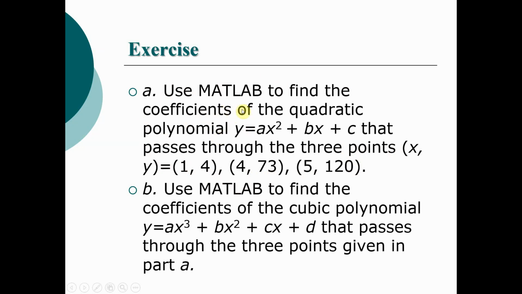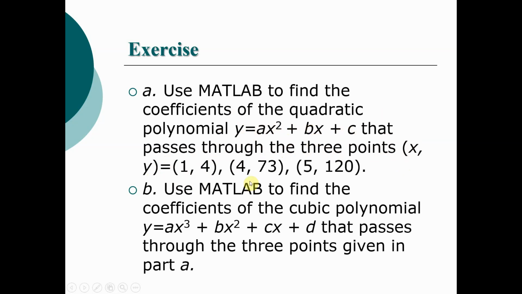Sorry. So here it says use MATLAB to find the coefficients of the quadratic polynomial y equals ax squared plus bx plus c that passes through the 3 points, right? So it means that these pairs of x and y that you have here should satisfy this equation. So one of the equations would be 4 equals a times 1 plus b times 1 plus c.